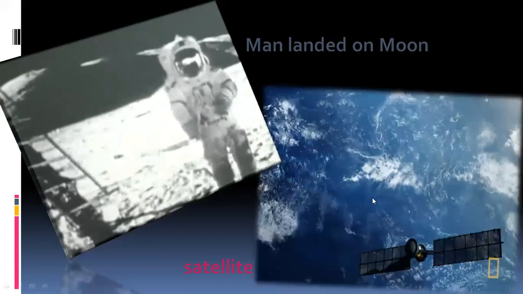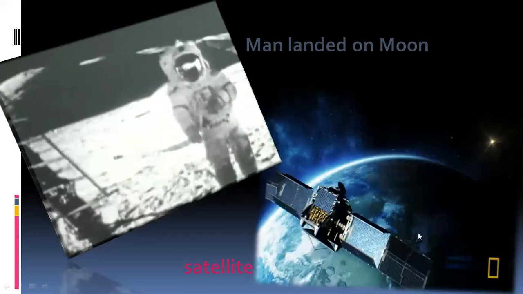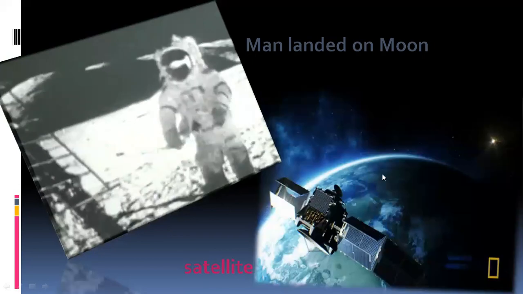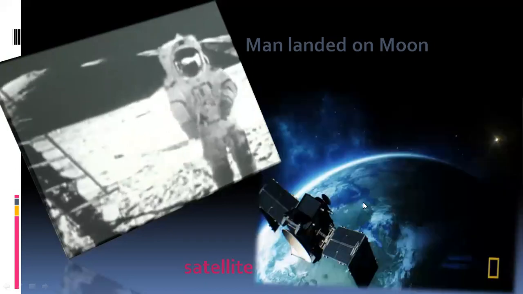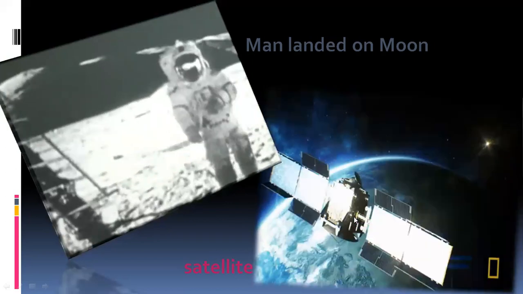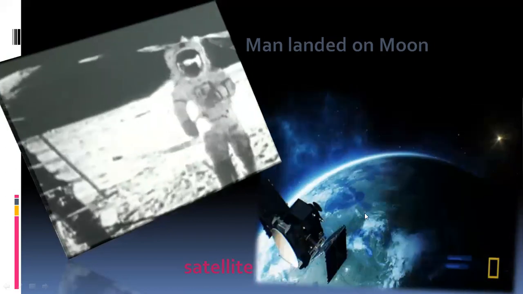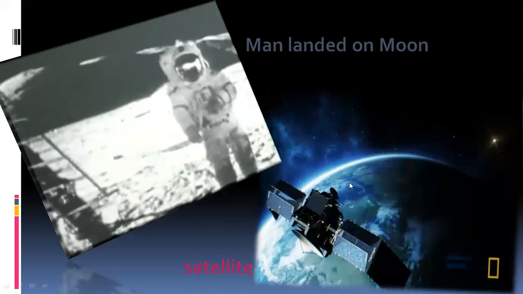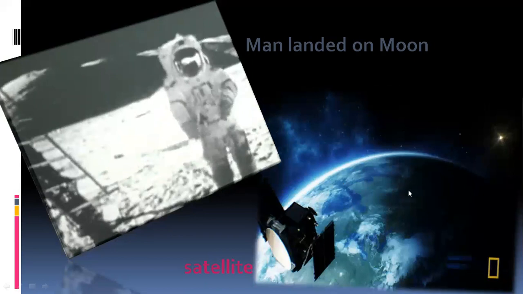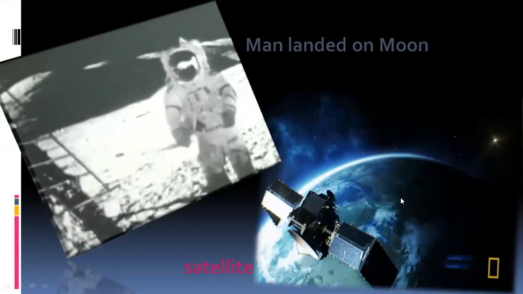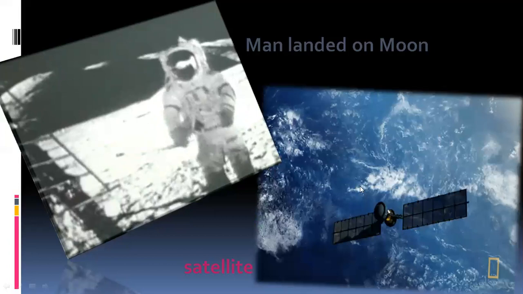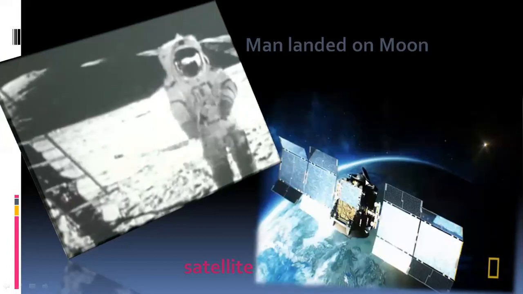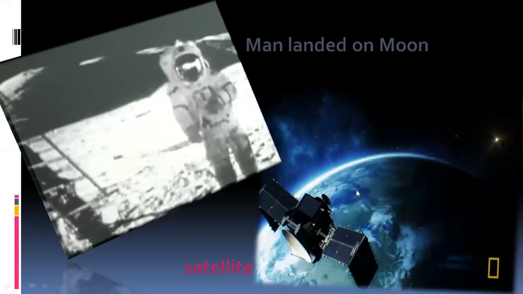We can get information from one place to another and get it back to the earth. As you can see, any kind of matches, live telecast from one country to another country, only because of these satellites, with the help of these satellites.